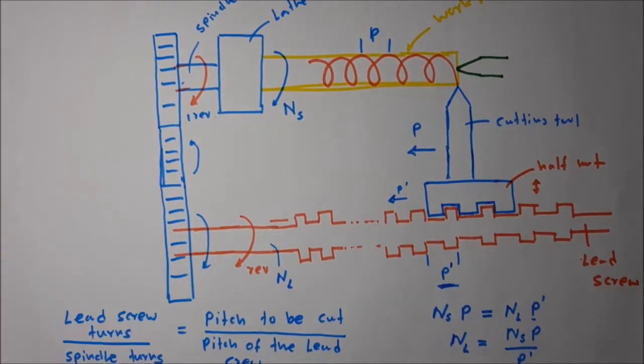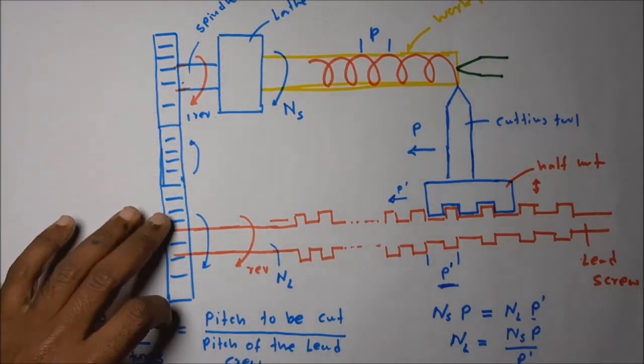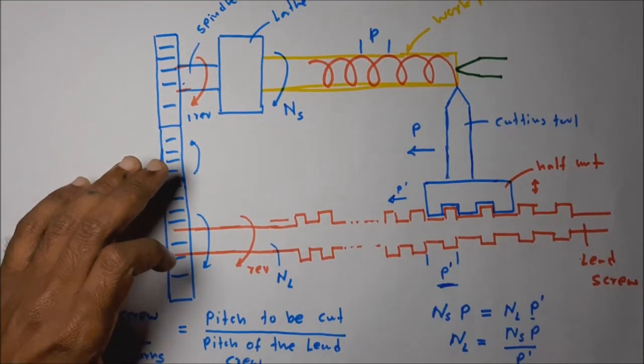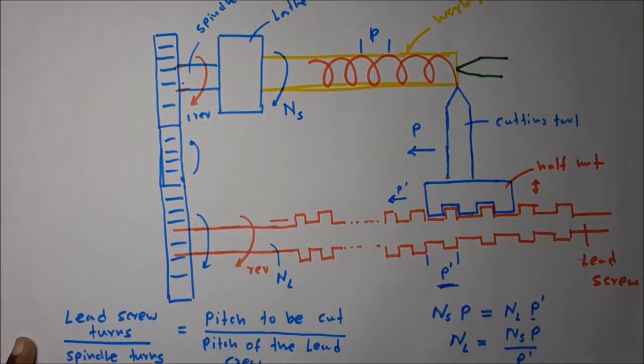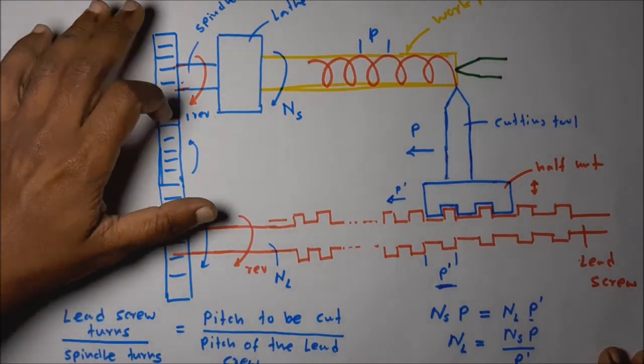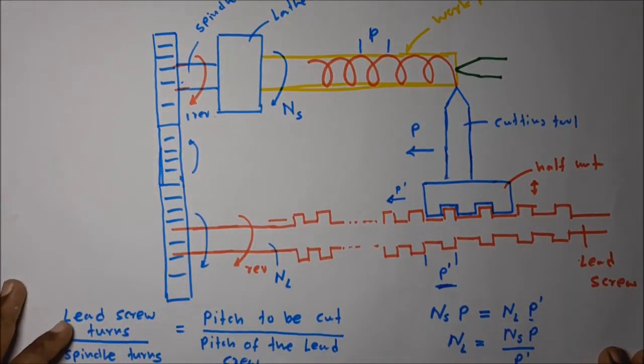The compound gear train and the simple gear train are used. So knowledge about this speed calculation in simple gear train and compound gear train is essential when designing this gear train.